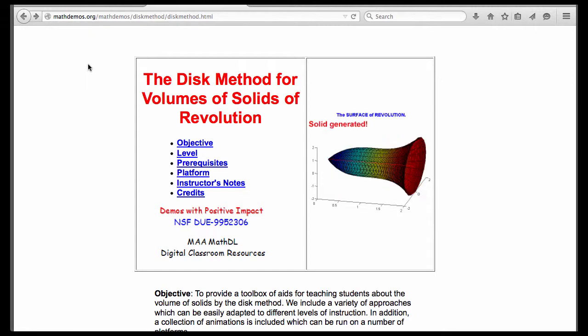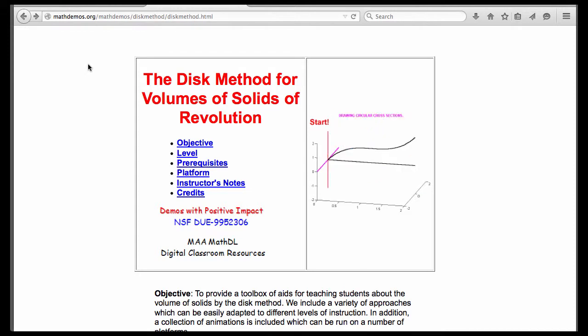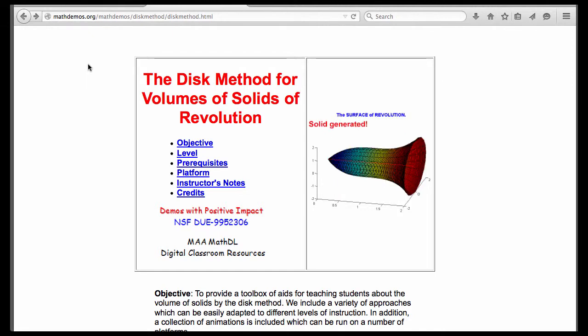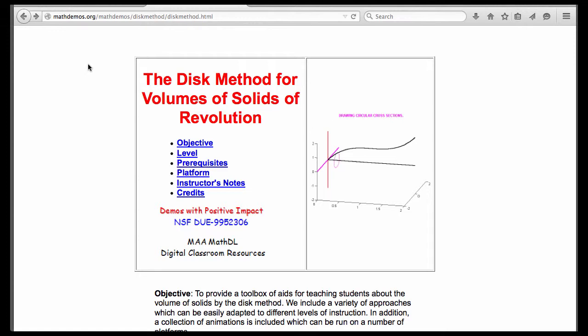So going back to the beginning with our curve, all those rings represent all the representative rectangles. Think of it that way. And as you revolve them around an axis of symmetry, you're going to get a shape that is created. This is a really good website. I purposely left the URL up there so you could see it. I highly recommend you go to it and play with it.